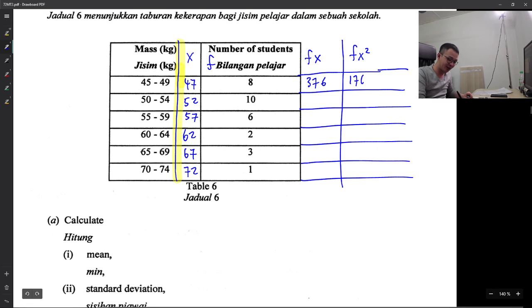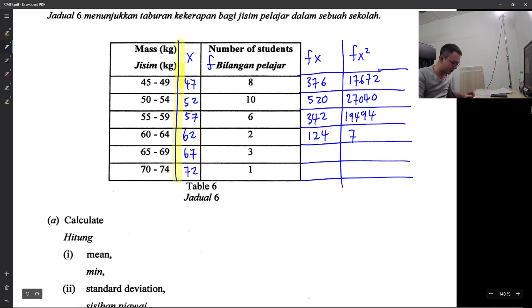So I get 17672. I will do this for all of them. This is 520, then 520 times 52 again, I get 27040. Later I will explain why I find fx and fx squared over here, alright? So 6 times 57, I get 342. 342 times 57 again, I get 19494. Okay, 62 times 2, I get 124. And 124 times 62 again.